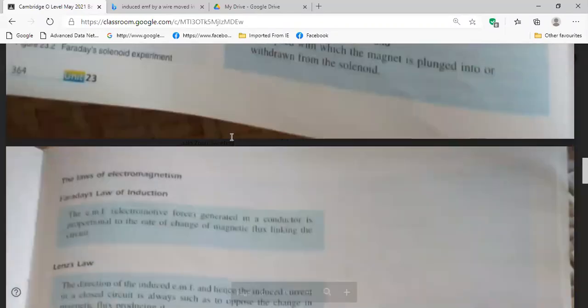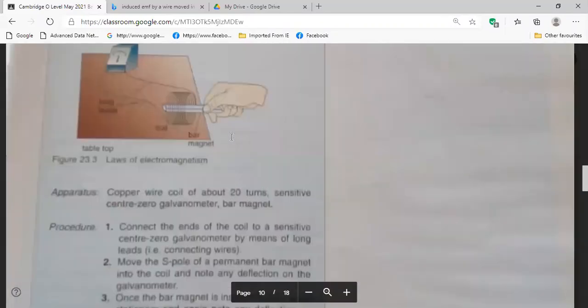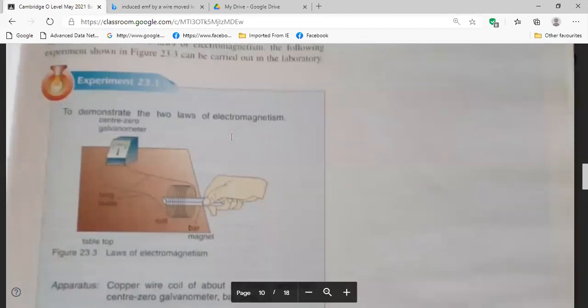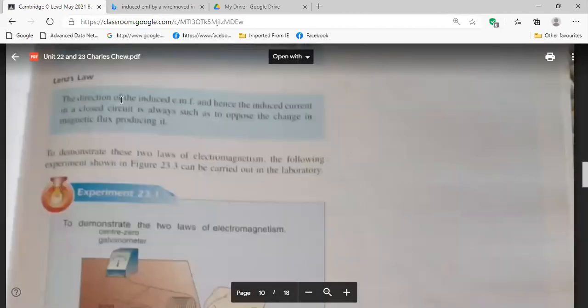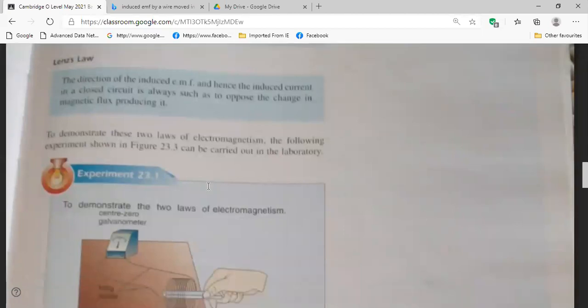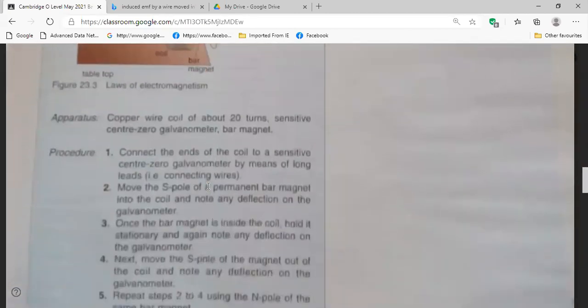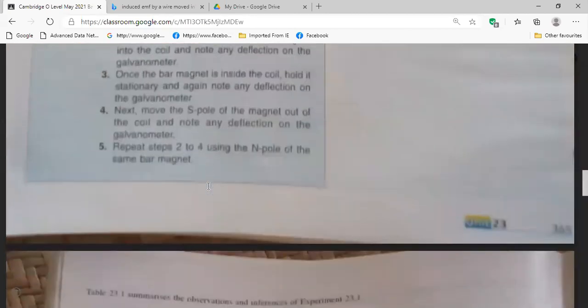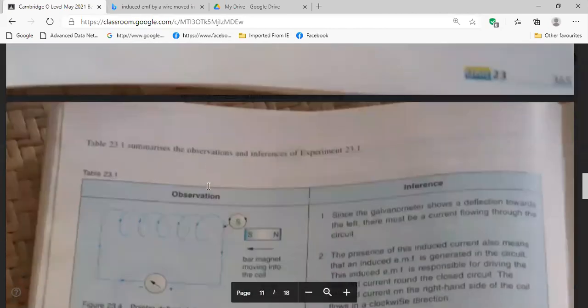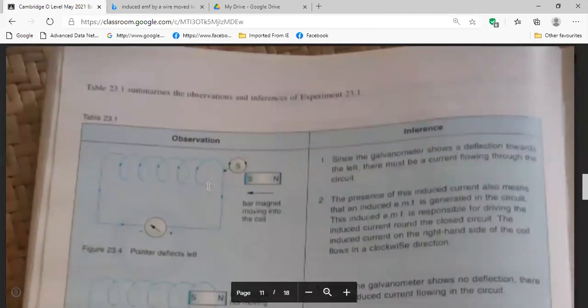I wrote. Lenz's law starts from here. This is the law, but we are not writing the law now. First we understand it, then we will write the law.